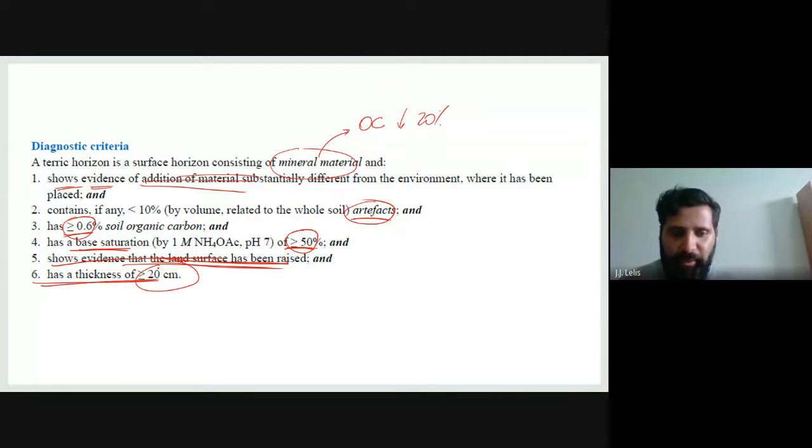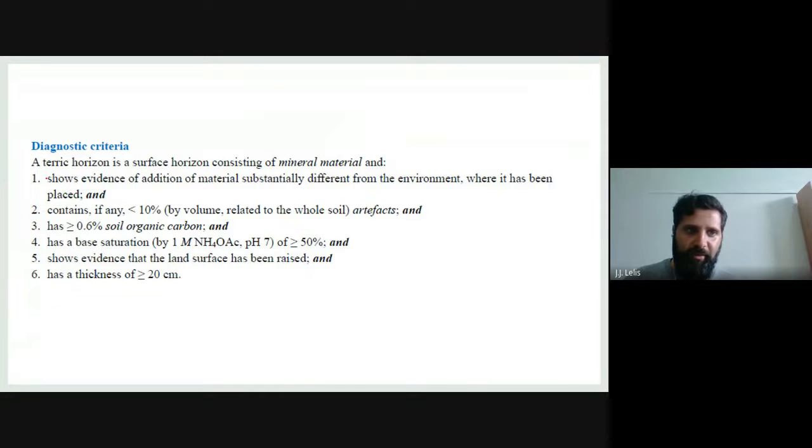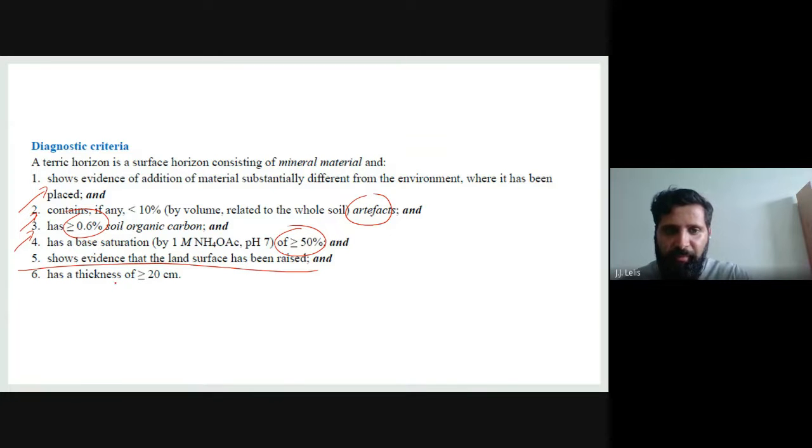at least 20 centimeters. So it's a mixing of mineral and organic materials that compose a horizon that does not present a lot of artifacts, presents a relatively high content of soil organic carbon, presents a high base saturation, and is related to the formation of a terrace, and of course presents a thickness of at least 20 centimeters.